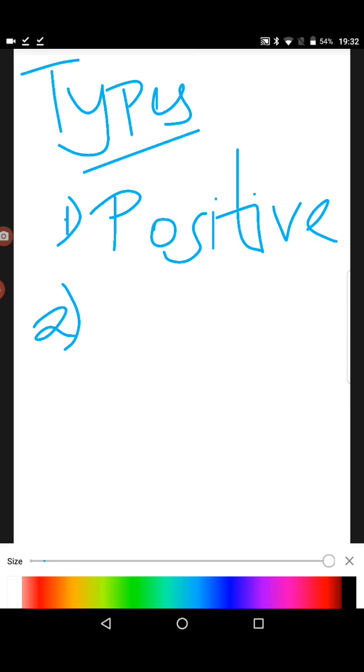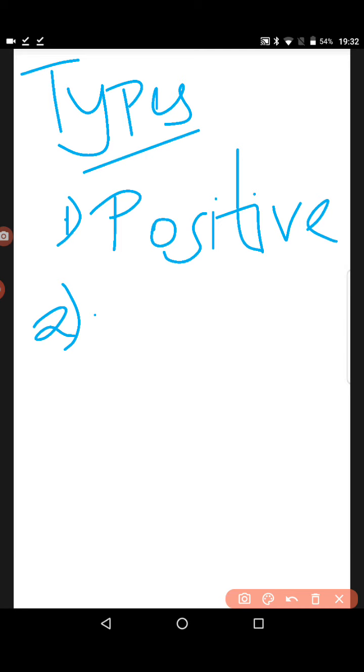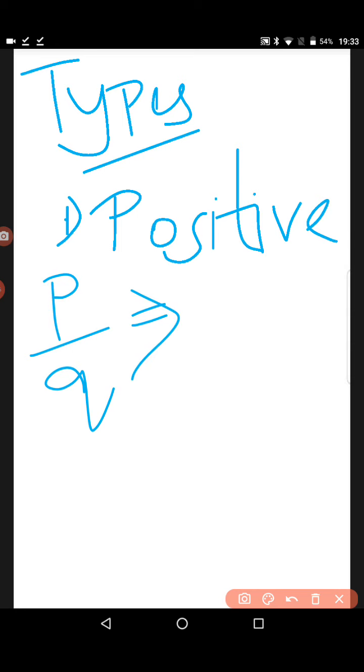Positive rational numbers are those where the signs should be the same. It should be represented in P by Q, as I already told you. The fraction or the rational number should have the same sign.